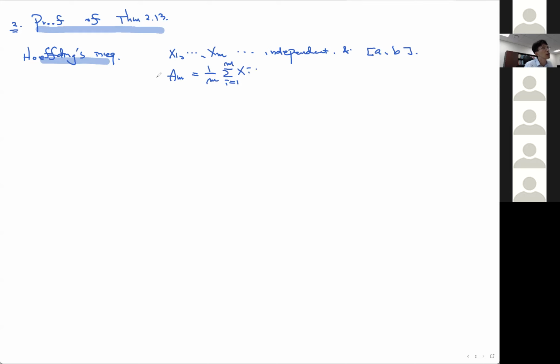People call this Am the empirical average. So what's the probability that this empirical average deviates a lot from its expectation? Hoeffding's inequality says we can bound the probability that Am, the sample average, is much larger than its expectation.